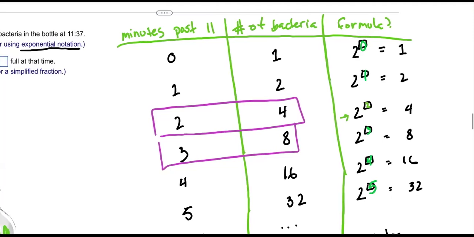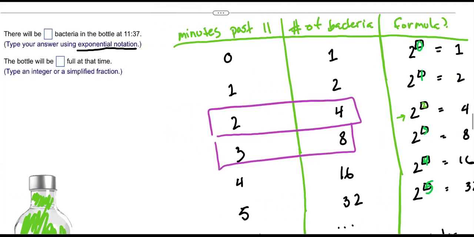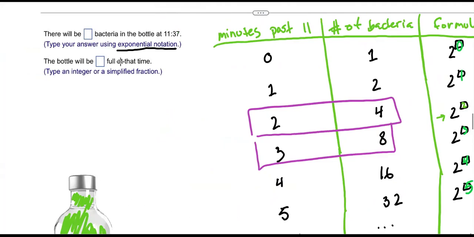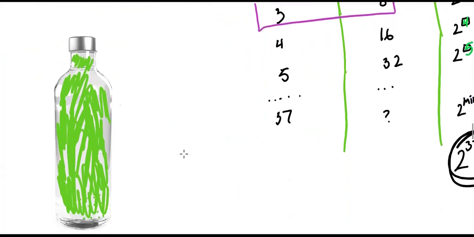So we have ours. Our formula is 2 to the power of the minutes past 11 to get the amount of bacteria in the bottle. The next question they ask is, the bottle will be blank full at that time, type an integer or simplified fraction. So at 11:37, how much of the bottle will be full? Well, it isn't completely full until noon, right?